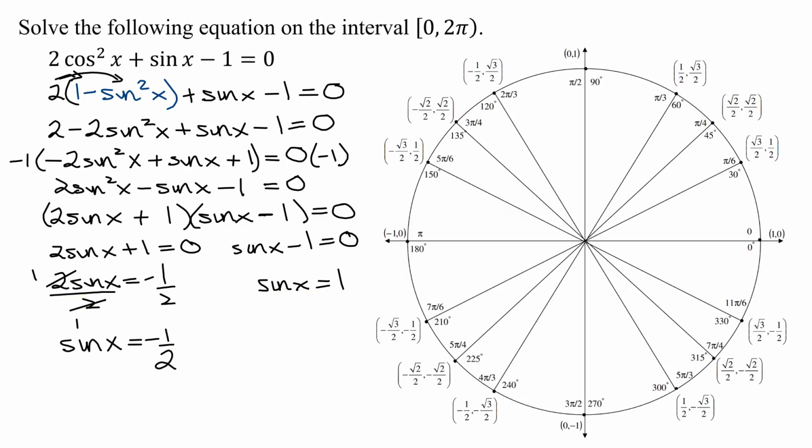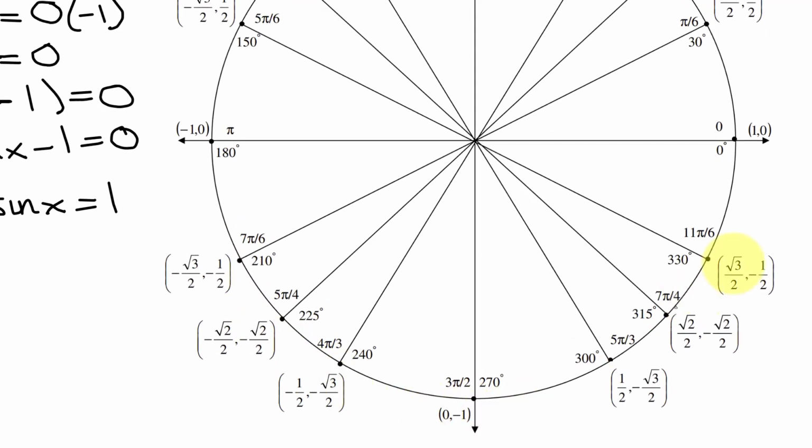So going to my unit circle, remember the sine is equal to the y-coordinate of points on the unit circle. So when the sine of x is equal to -1/2, that means the y-coordinate is negative, so it's below the x-axis. So I'm going to be in quadrant 3 and quadrant 4.